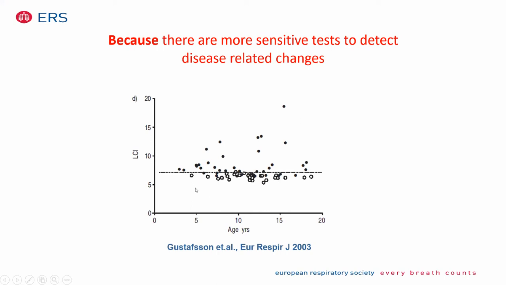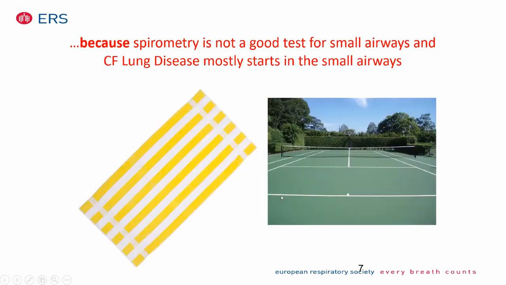And he did show that with multiple breath washout and the parameter lung clearance index, you are able to distinguish between healthy subjects and subjects with cystic fibrosis at a much younger age, when the children are clinically healthy. You see that the cystic fibrosis patients have a lung clearance index which is higher than that seen in healthy children. And the explanation is that spirometry is not a good test for small airways, and small airways is the area where CF lung disease mostly starts.